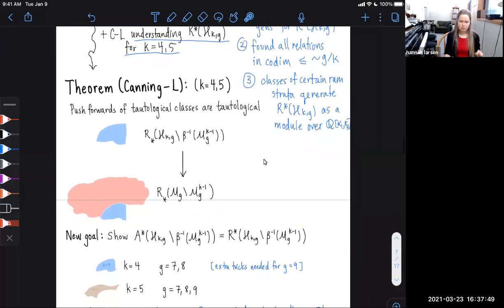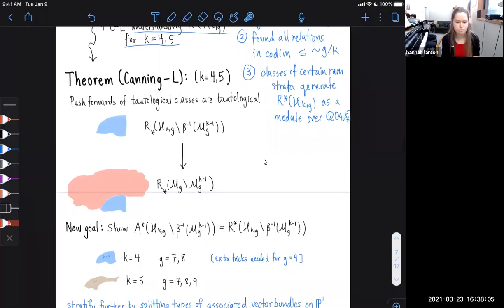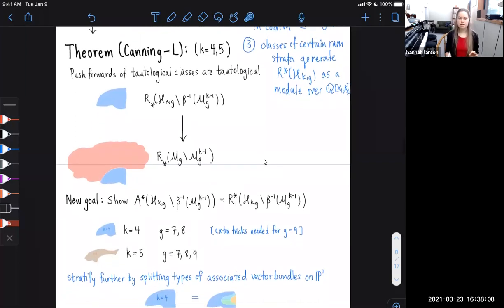So given this theorem, our new goal is then to show that all classes upstairs on the Hurwitz space minus the curves of low gonality are tautological. And we succeeded in proving this in several cases.